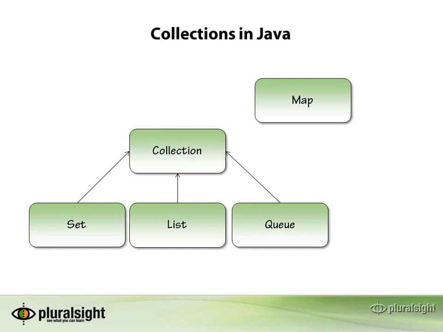But the basic structure in Java is that all of these are interfaces that you're looking at here. And you have different concrete implementations or different classes that implement these interfaces in order to create these collections. And these collection interfaces basically just define the way that you can interact with them.